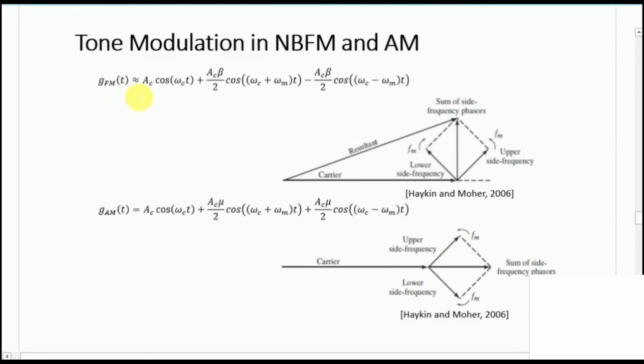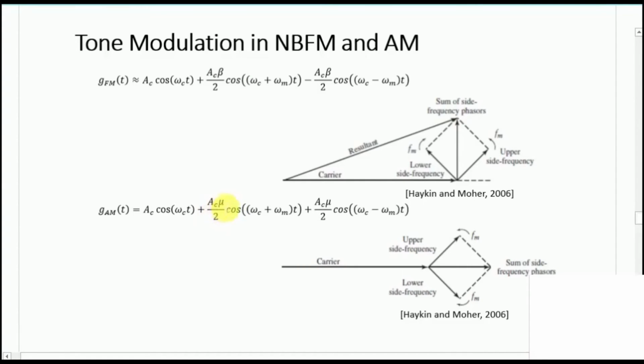Now, if you compare this with our amplitude modulation, first of all, this is an approximation, this is an equality, but anyway, we have AC cos omega ct, so no change in the carrier. And then we have AC beta by 2, where beta is the modulation index in FM, and mu is the modulation index in AM.